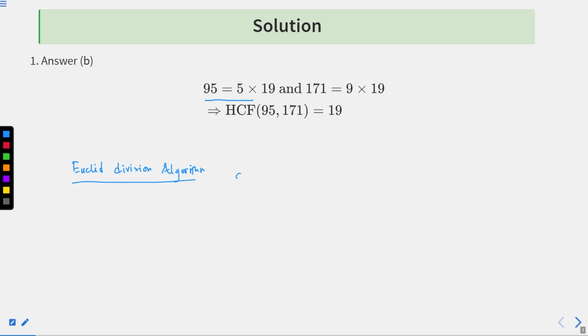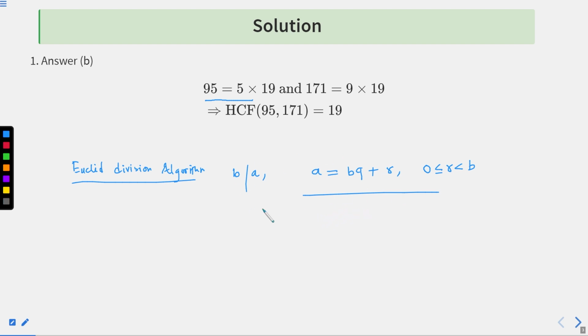If B divides A, where A and B are integers, then we can write A is equal to B times the quotient plus the remainder, where the remainder R is between 0 and B: 0 less than or equal to R, strictly less than B. So this algorithm is called the Euclid division algorithm.